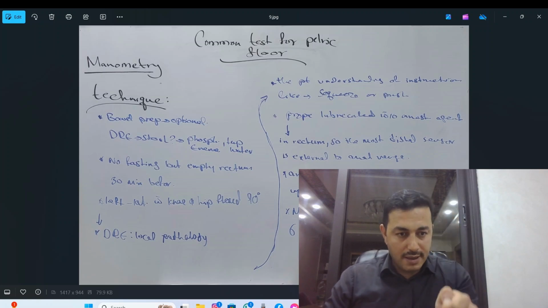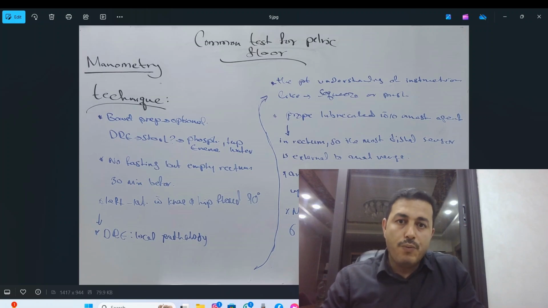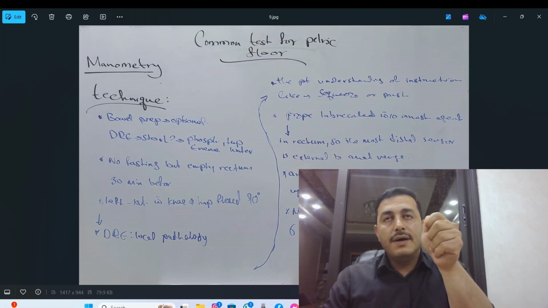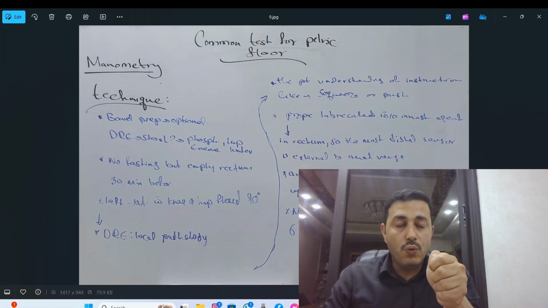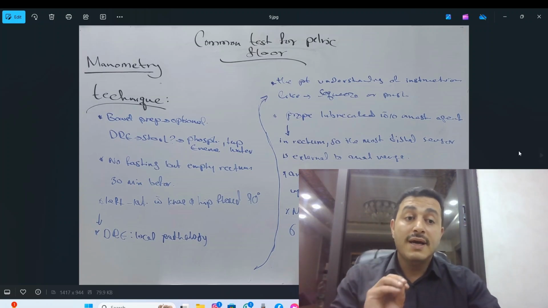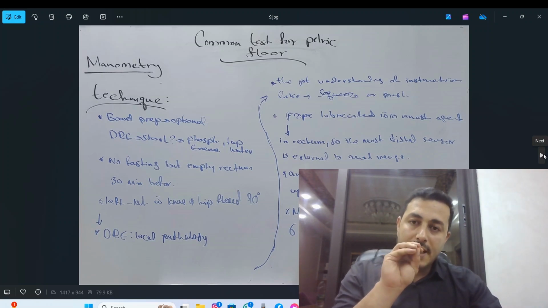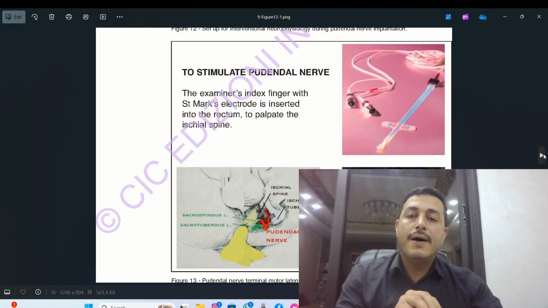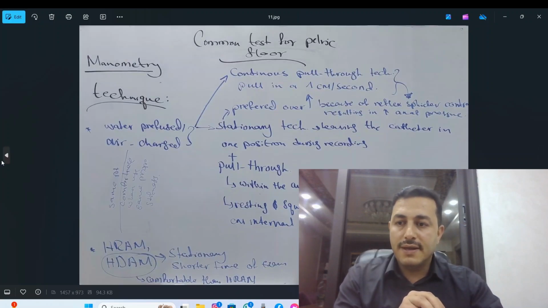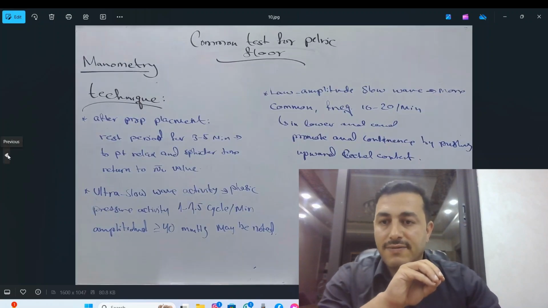Continuous means pulling the probe without stopping, and stationary pull-through means pulling, waiting for minutes, then pulling and waiting during recording. We will talk about that. This depends on the model of the probe. I think we will talk about it in the next few minutes.